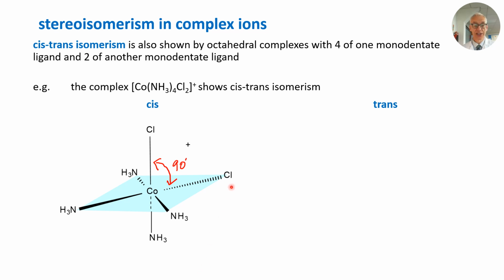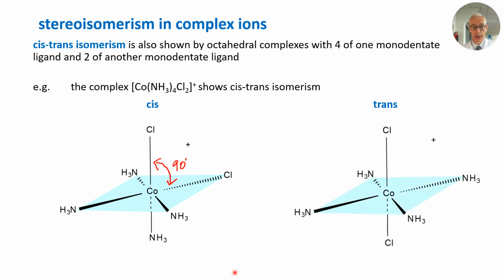If this is the cis structure, pause and draw the trans structure. Come back to check when you are ready. Okay, so to reveal, here we have the trans structure. I'm just going to point out that the chlorine-cobalt-chlorine bond there is 180.